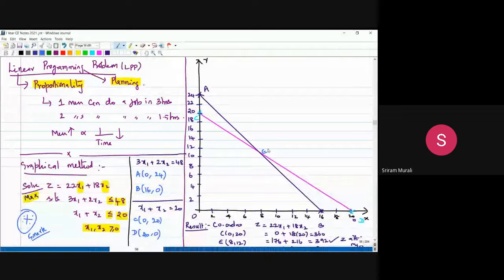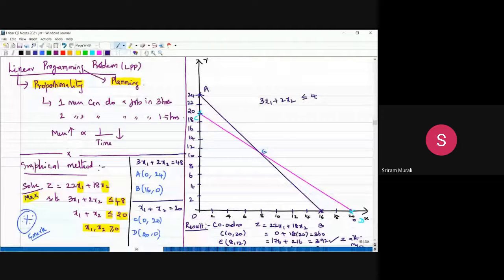We want to now find the feasible region. We want to find the maximum value of this objective function subject to the two constraints. First of all, we identify where these two constraints are satisfied. For example, AB, first equation, it is 3x1 plus 2x2 is less than or equal to 48.